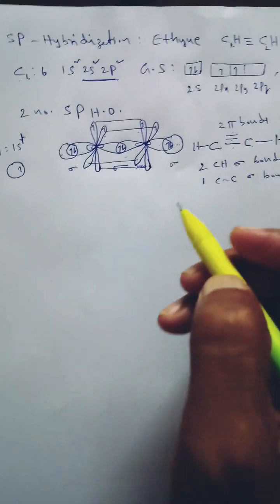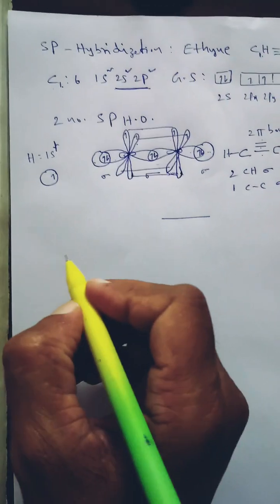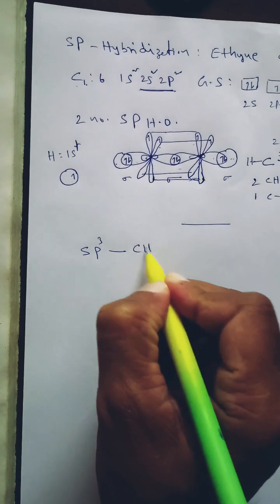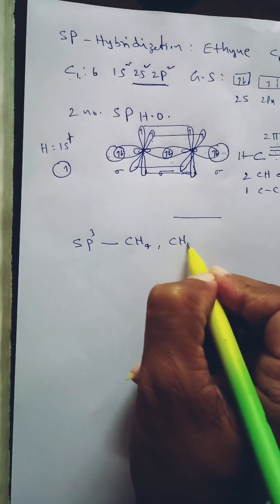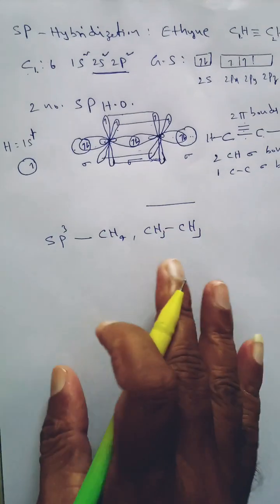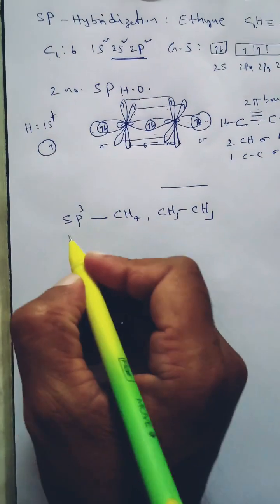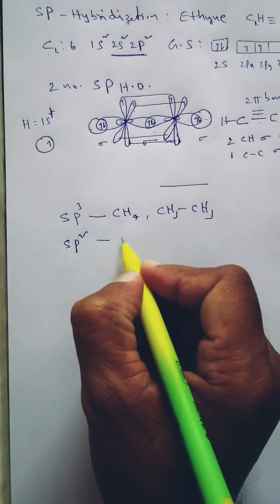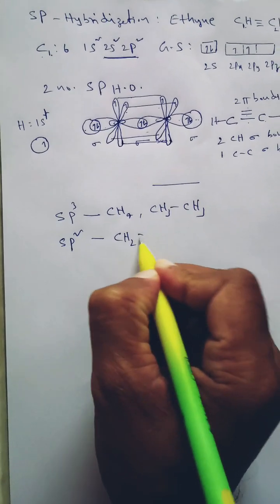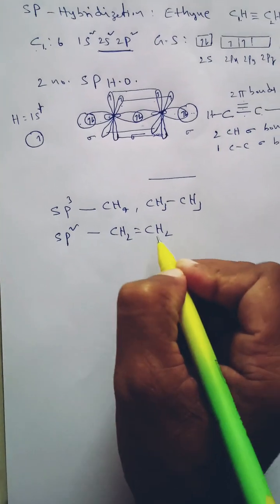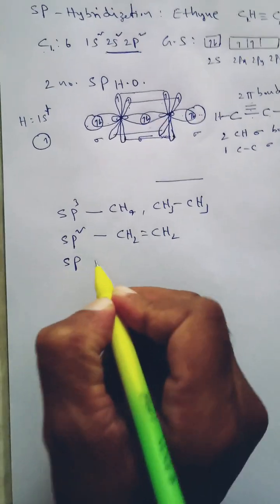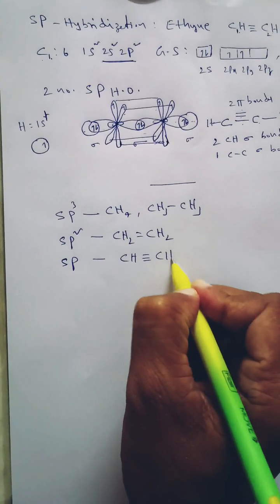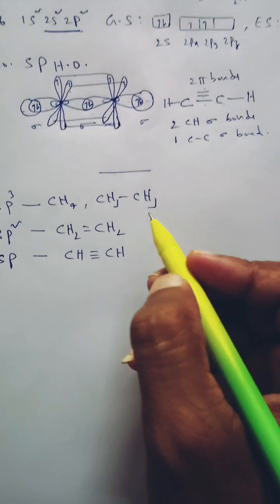Okay, so in the previous videos we have discussed sp3 hybridization using methane and ethane examples, sp2 hybridization using the ethene example, and here sp hybridization using the ethyne example.